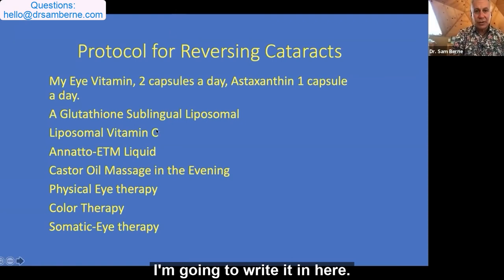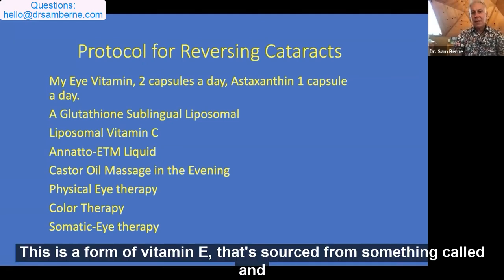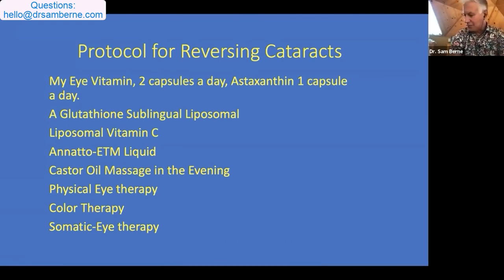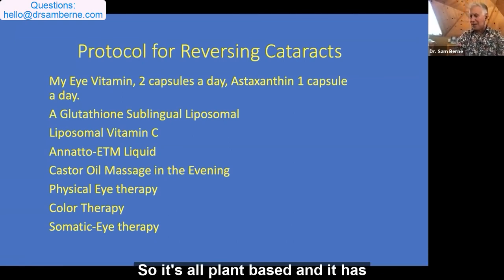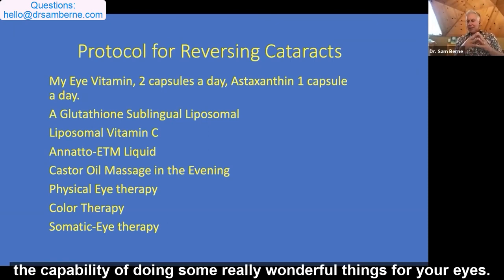I'm going to write it in here. This is a form of vitamin E that's sourced from something called an annatto tree. So it's all plant-based, and it has the capability of doing some really wonderful things for your eyes.